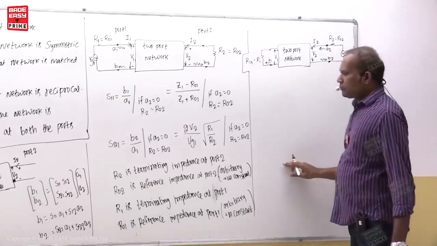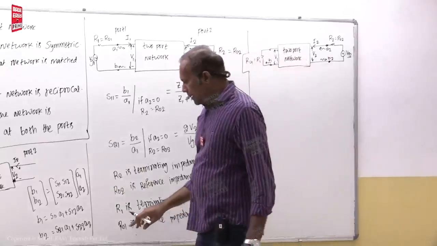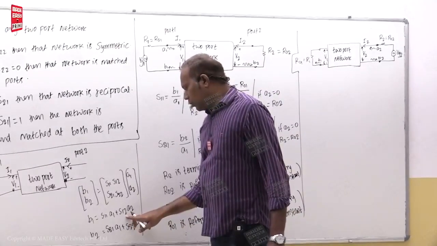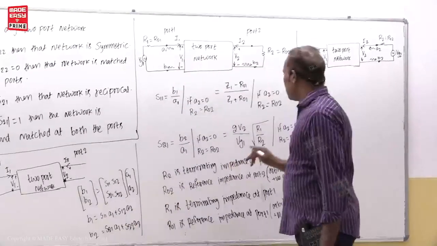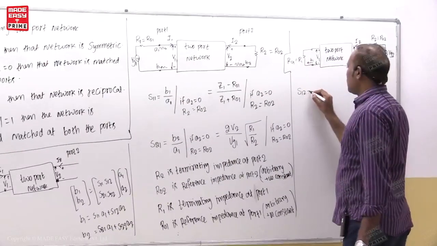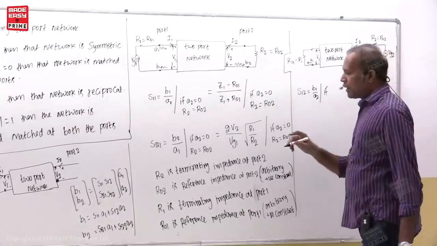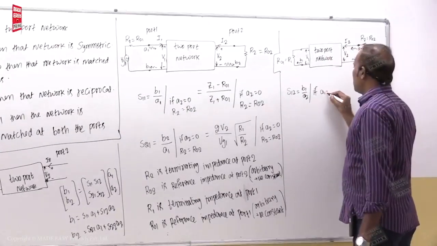So now you can see that S12 is nothing but B1 by A2, provided A1 is equal to 0.